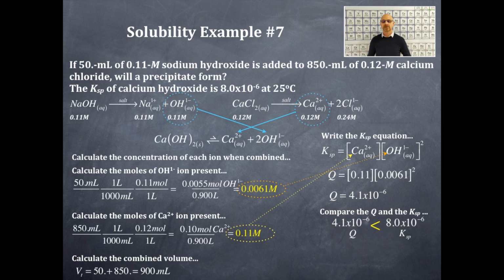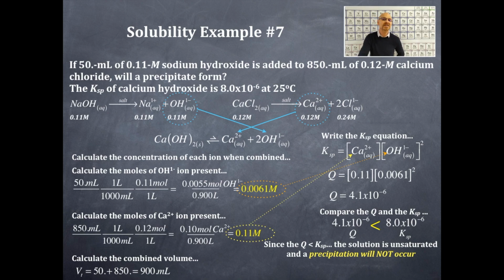And in this particular case, the KSP is larger than the Q. So therefore, since the Q is less than the KSP, that is, the KSP is larger, the solution is unsaturated and precipitation will not occur. Remember, precipitation only occurs in supersaturated solutions when the KSP is less than the Q.